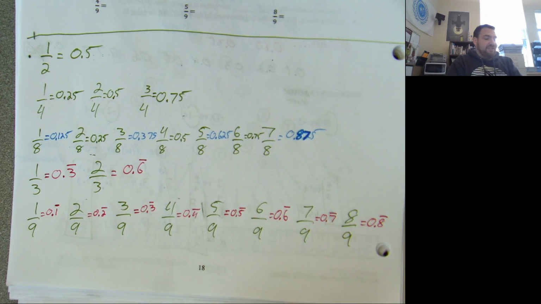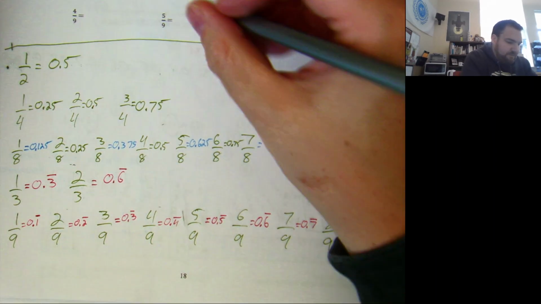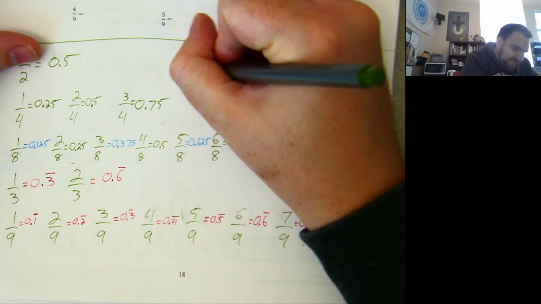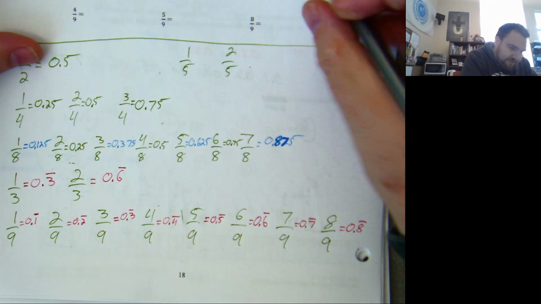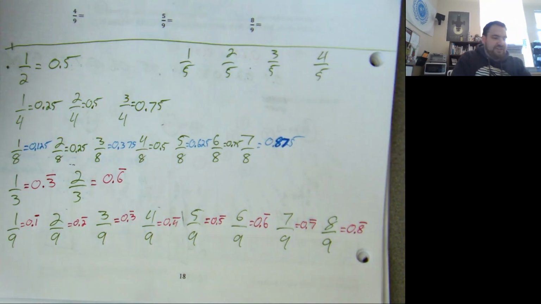Okay. Someone said, well, what about the 5ths and the 10ths? Yeah, the 5ths and the 10ths are there too. Well, let's put them over here. Let's go back up to the top, because that's where I have space. Fit in the 5ths. I'll go back to green. 1/5, 2/5, 3/5, and 4/5. What is special about the 5ths?